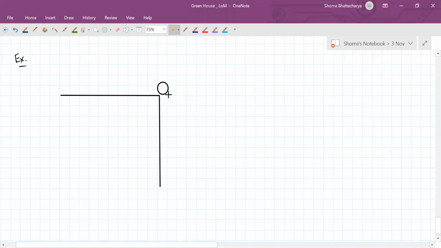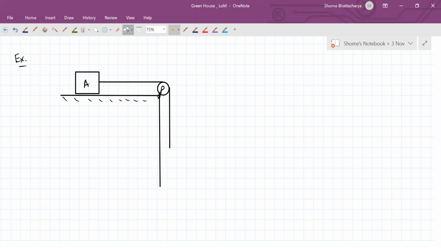One pulley is attached to the corner here. The smooth surface, the block attached like this. Now we have that same kind of thing which we saw earlier.